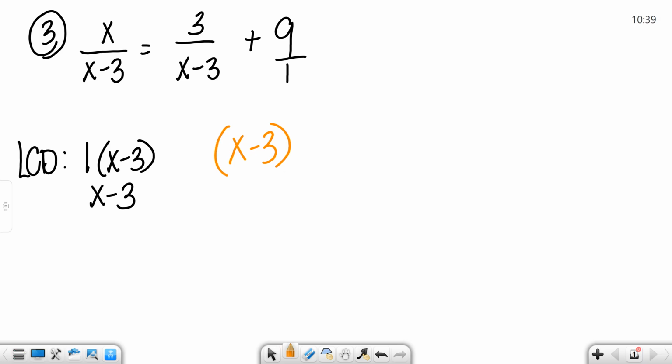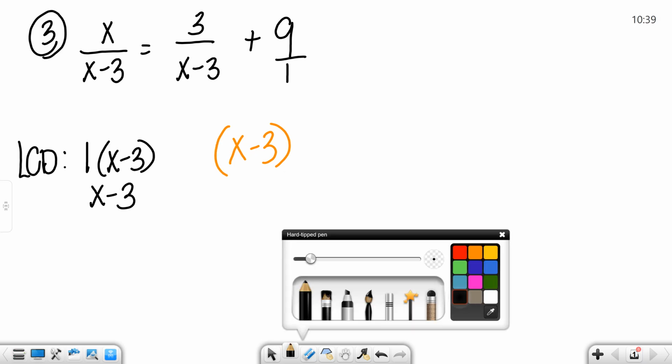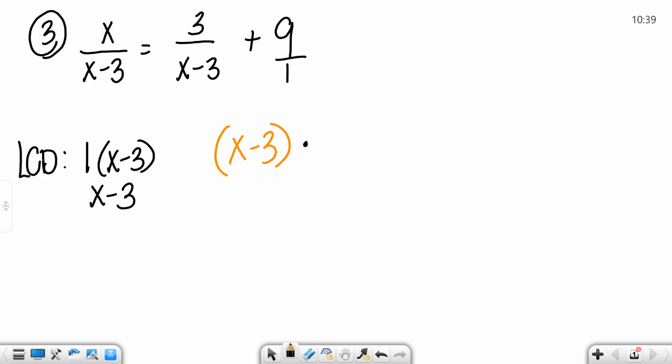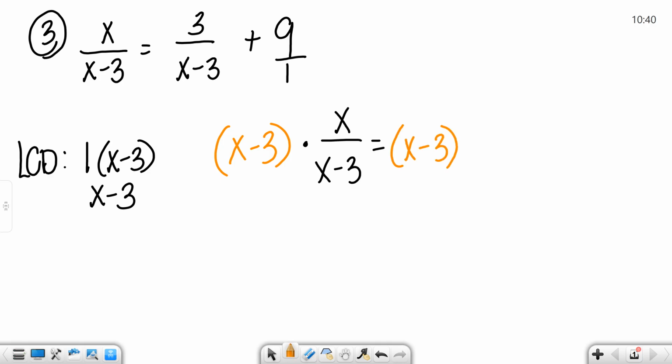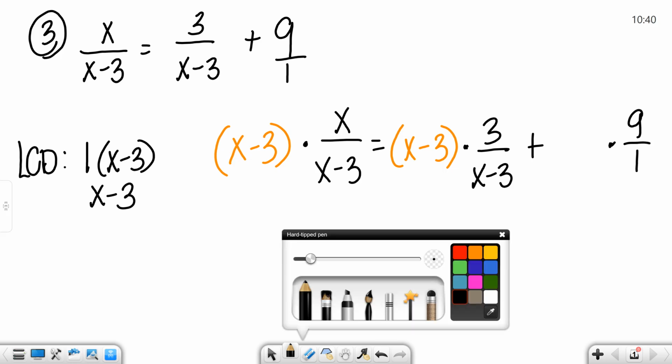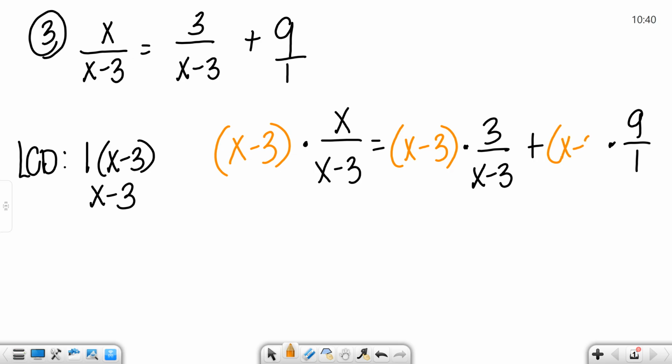So x minus 3 times x minus 3 is equal to my least common denominator times 3 over x minus 3 plus x minus 3 times that 9 over 1.